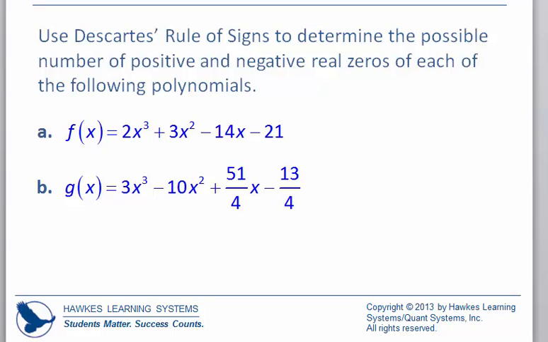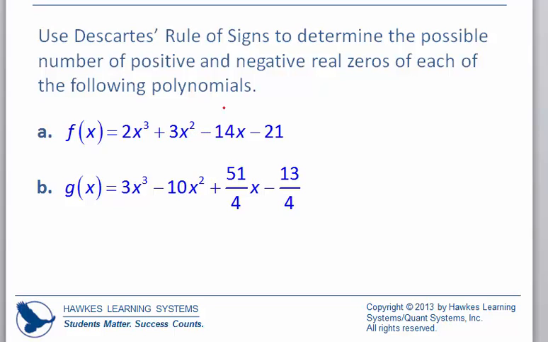We have a function f of x is equal to 2x to the third plus 3x squared minus 14x minus 21. What we want to do is identify the sign changes in the original function. We start with a positive 2. We stay positive with the positive 3.